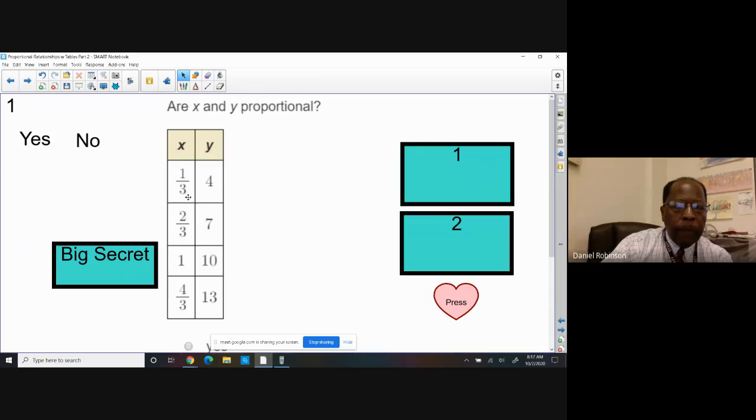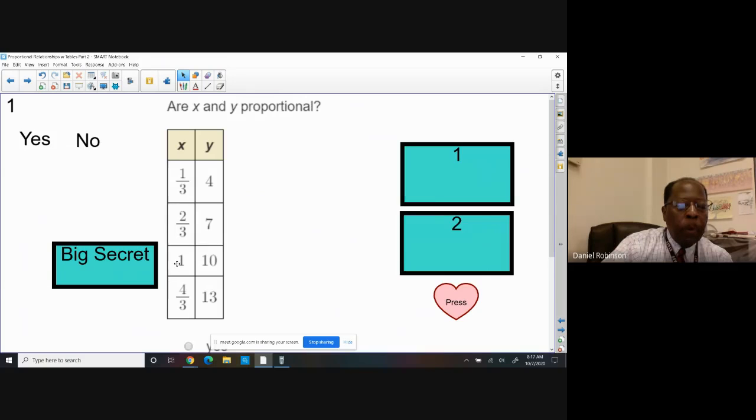Now, here's a few secrets that I like to share with you. Notice you have a lot of fractions, and as I told you, in 7th grade you deal with a lot of fractions. So try to deal first with the ones that are not fractions, like here where x is 1 and y is 10. I'm going to deal with this one first. Why?